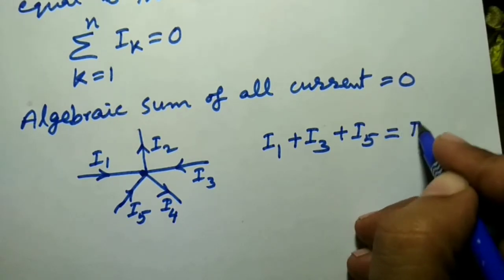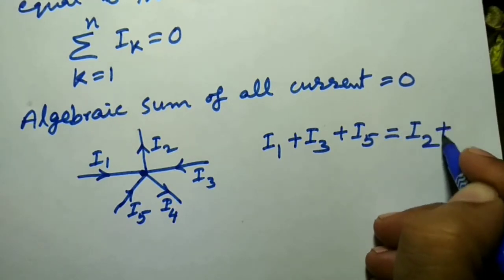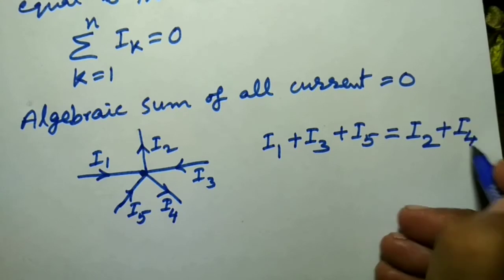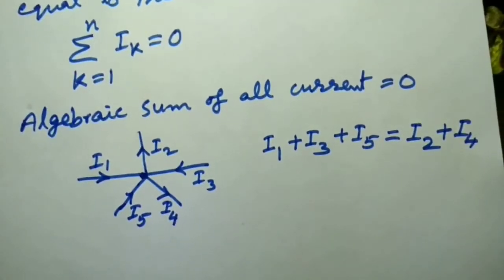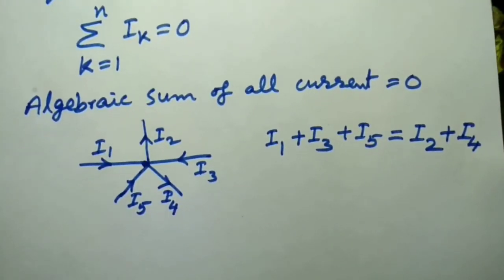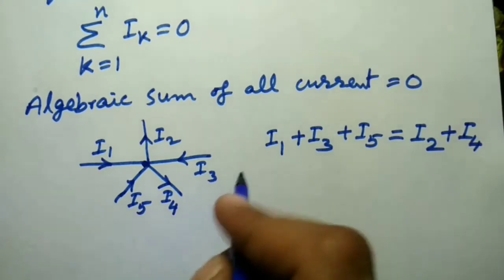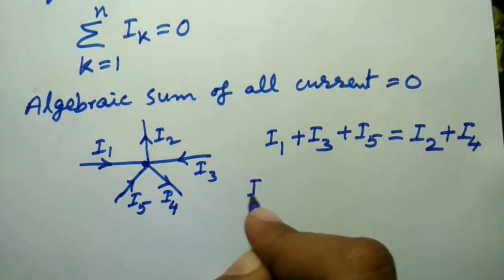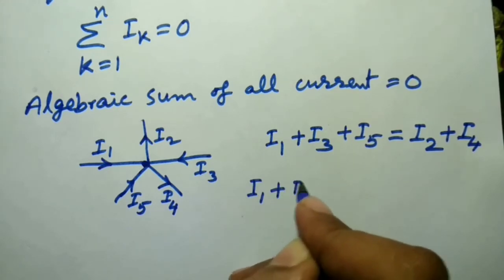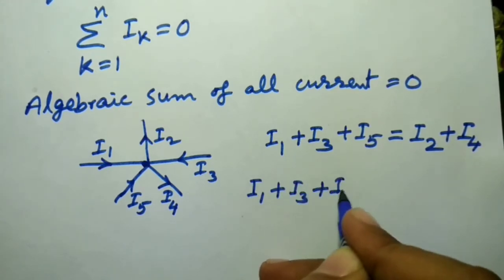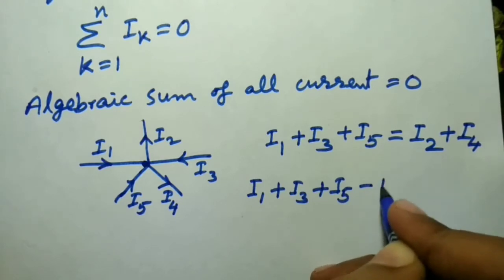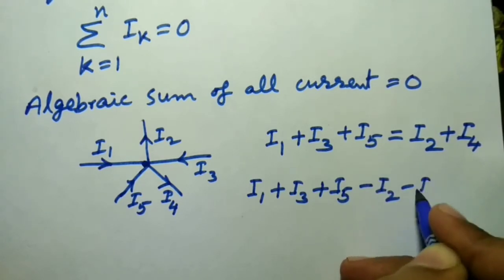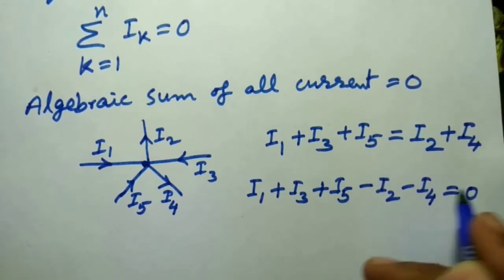So according to the KCL, I1 plus I3 plus I5 should be equal to I2 plus I4. In other words, we can write it as I1 plus I3 plus I5 minus I2 minus I4 equal to 0.